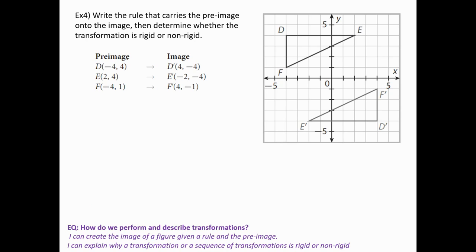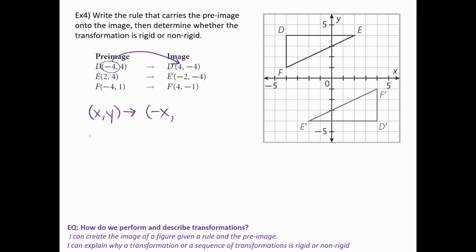So what's been changed? So you can do that one step at a time. If I look at D to D prime, my X value was originally -4, and in the answer, it's +4. So what happened? The sign changed, or it's the opposite. The way that we represent that mathematically, we're going to say (x, y), the original, is changed by making the x value the opposite, so (-x, y).